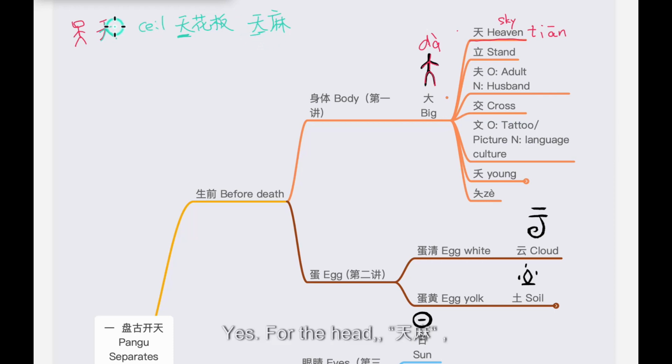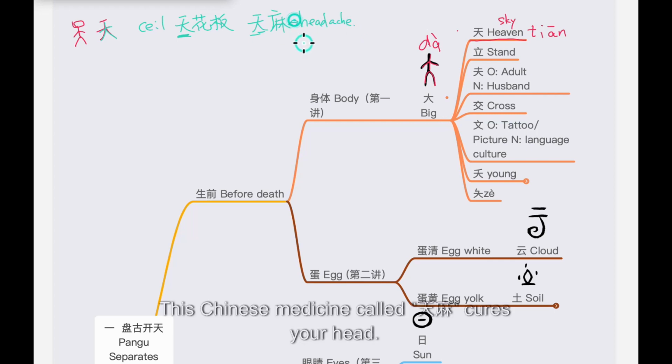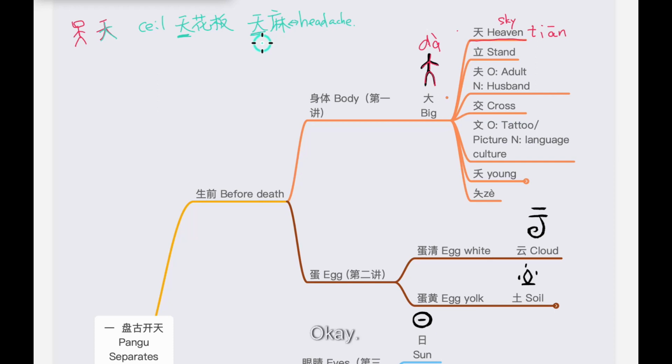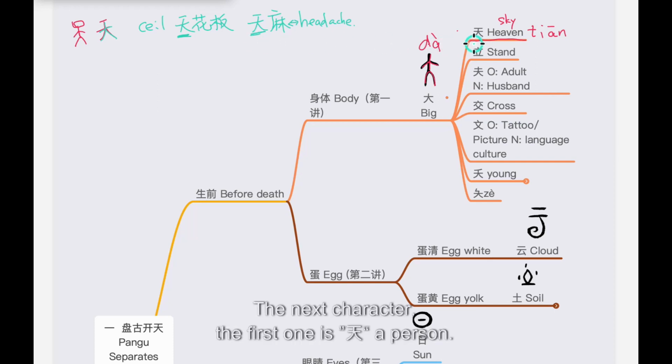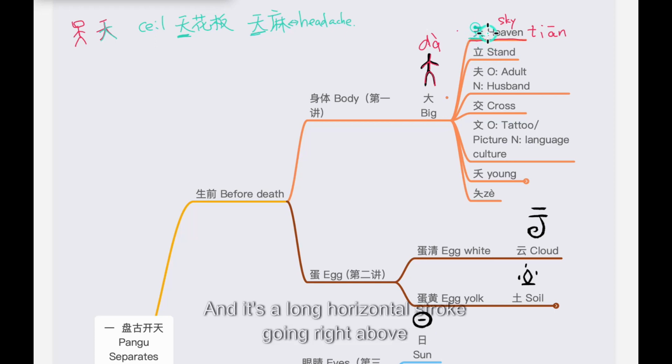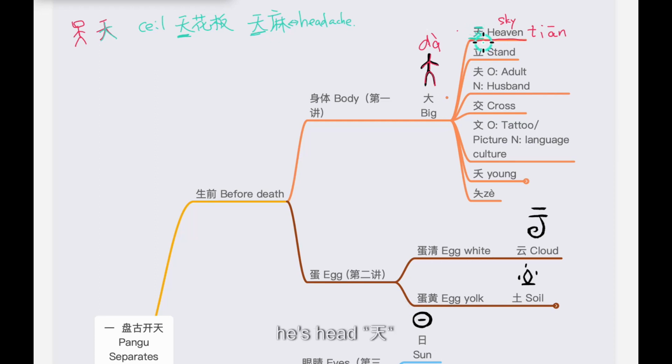Yes, for the head. 天麻, when you're having a headache, you can eat this Chinese medicine called 天麻 to cure your head. Okay. The next character: the first one is 天, a person and one horizontal stroke going right above his head. 天. And the second character is called 立.